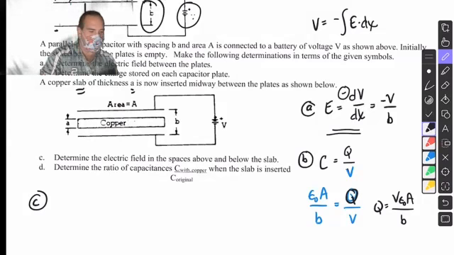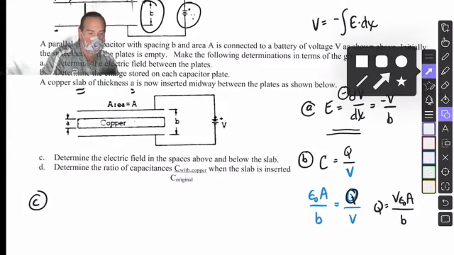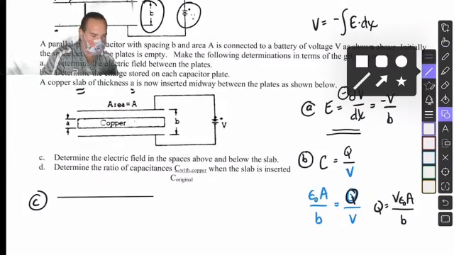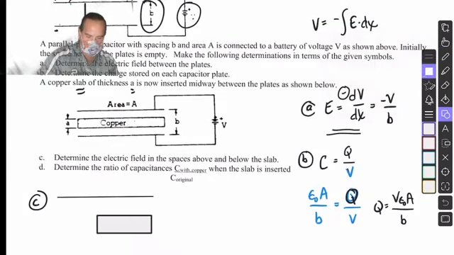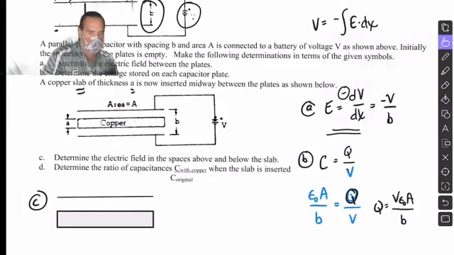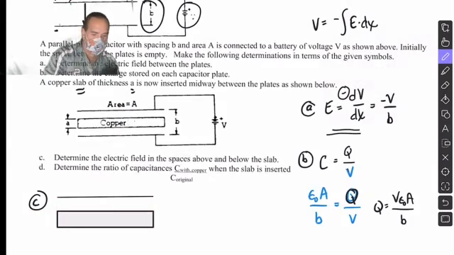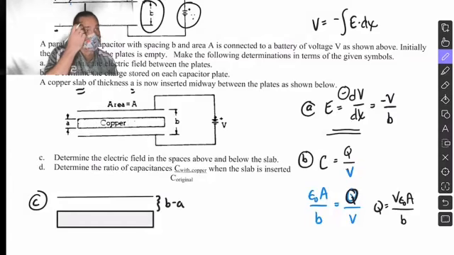I think it'd be easier for us just to think of this as my capacitor, where I've just slid the plate to the bottom, and this is the distance B minus A. And that becomes my new distance between the plates.